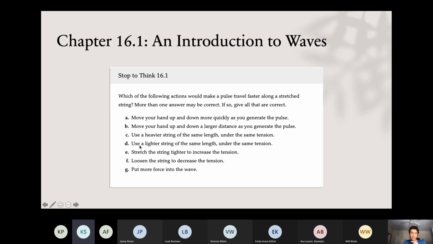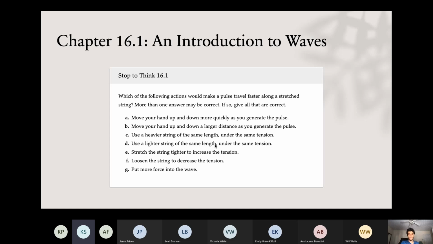So what about if you use a lighter string? Would that increase the speed? Yes or no? Yes. Okay. So you stretch the string tighter to increase the tension. Would that increase the speed?